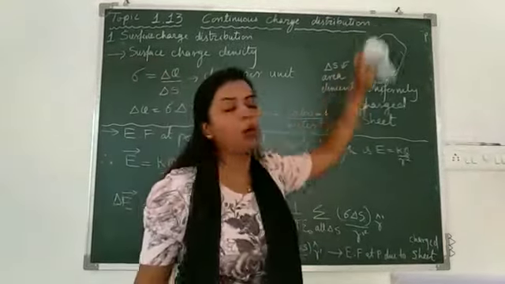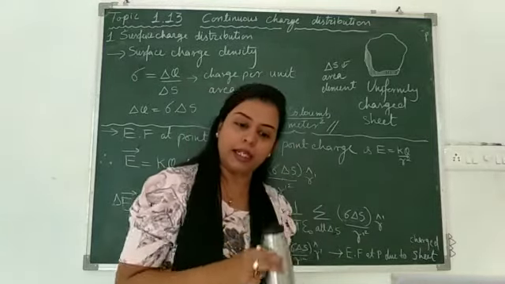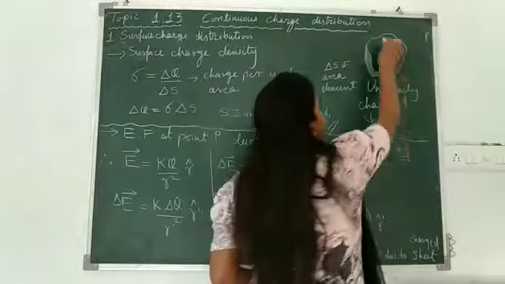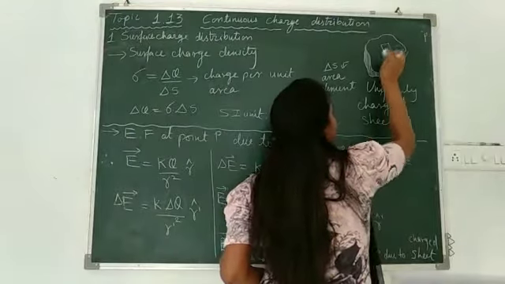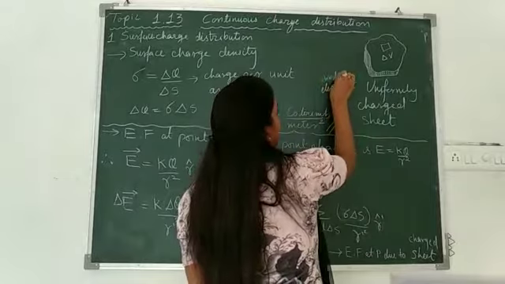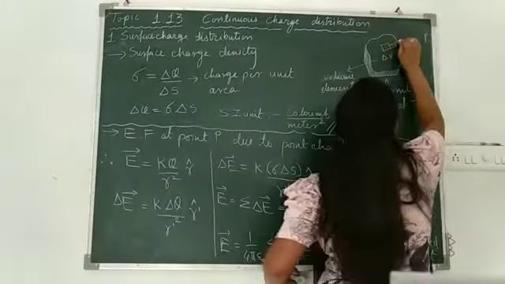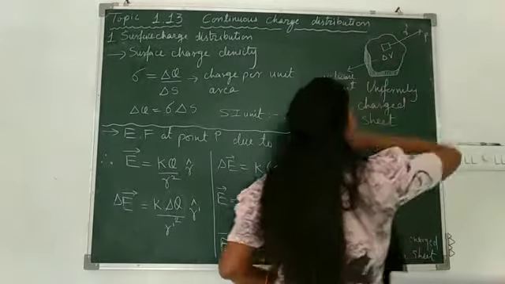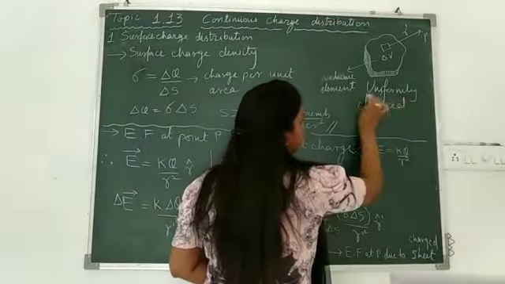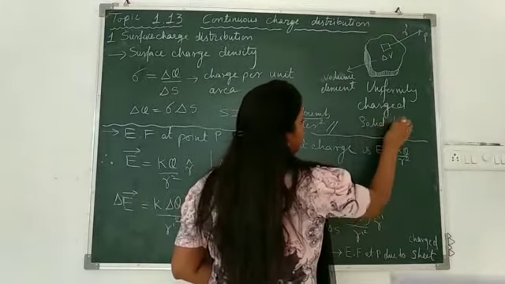We will divide this whole solid body into small volume elements, and then we will be calculating electric field due to that volume element at that point P. So suppose this is volume element delta V. This is the volume element. So we will draw the distance of this volume element from point P, and suppose that is R dash. So this will become a uniformly charged solid body.